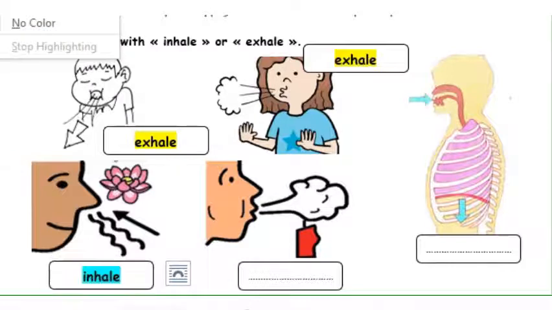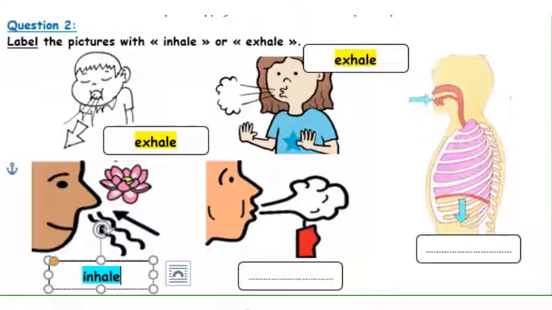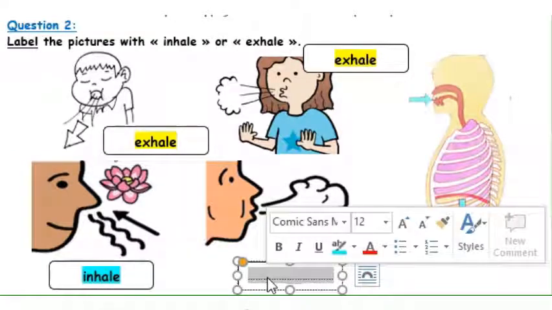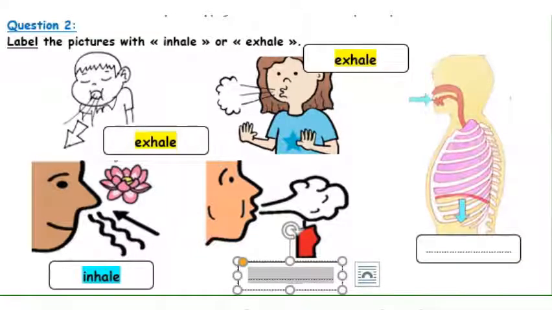So we should write inhaling. Fourth picture. In the fourth drawing, we can see a boy blowing a candle. To blow, to turn off a candle, we need to breathe the air outside of our body. So we are exhaling in here.